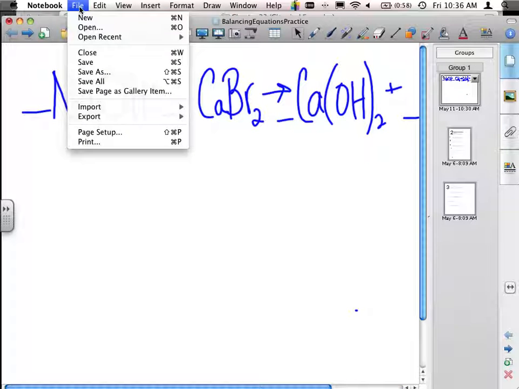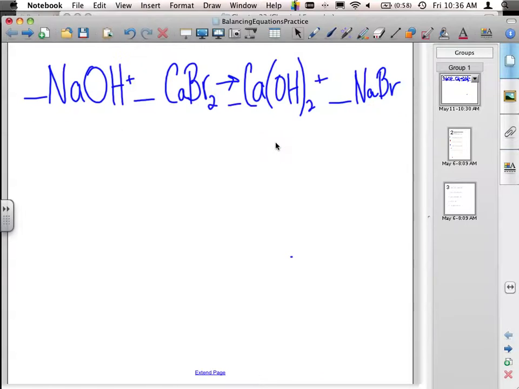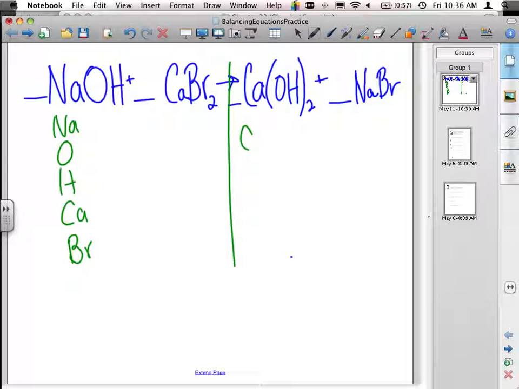Okay, so you should have first started with counting, right? That's what you guys did? Okay, so I'm going to list my elements: sodium, oxygen, hydrogen, calcium, and bromine. I'm going to do it on both sides, in the same order, because it's easier to compare back and forth that way.